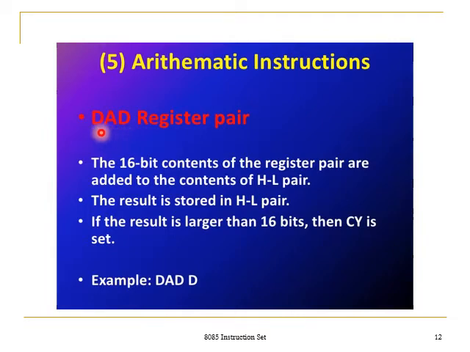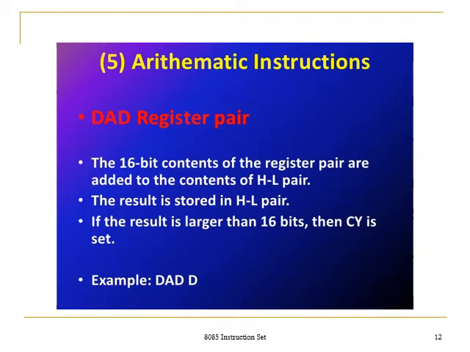So while the DAD instruction is being given, the HL register pair acts similar to the accumulator in 8-bit addition. One 16-bit data comes from the HL register pair and the other 16-bit data comes from any of the register pairs. After the addition is performed, the result is stored in the HL register pair.